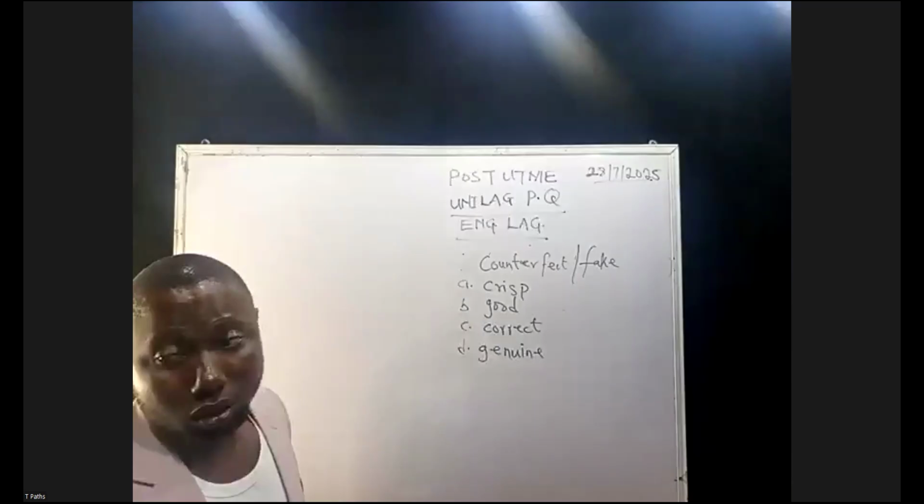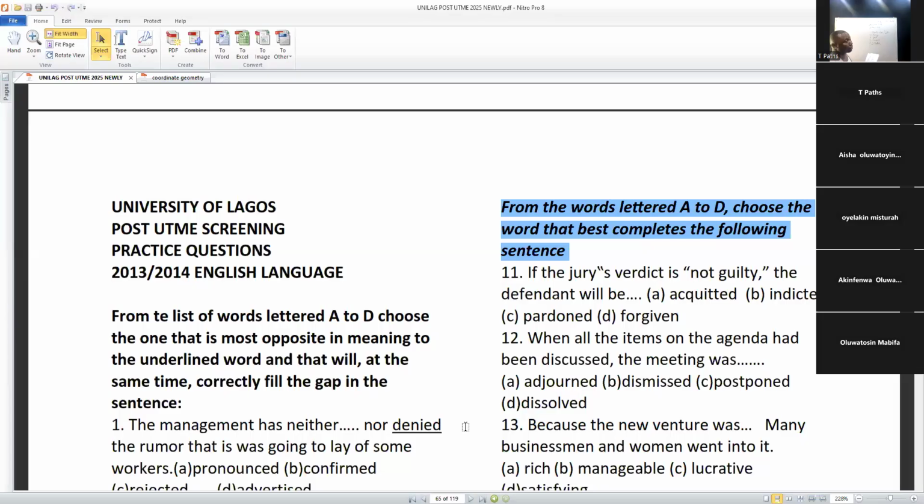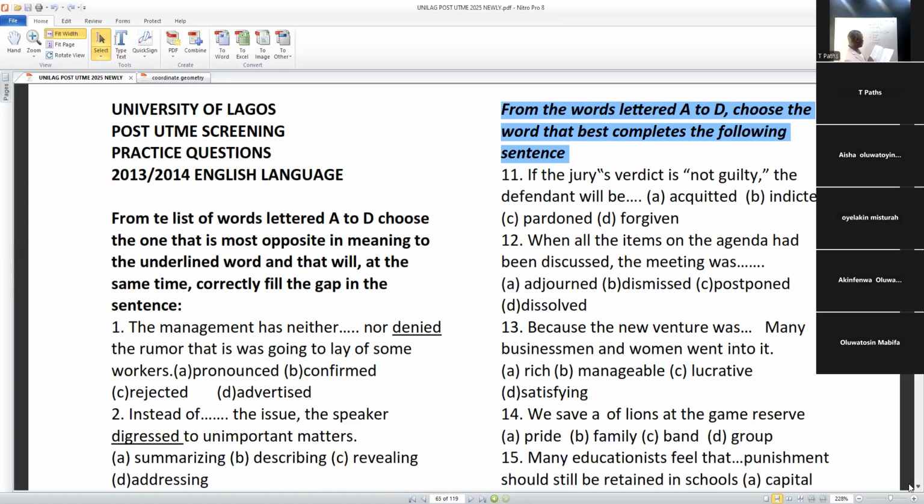So let's move to another part of the question. From the words lettered A to D, choose the word that best completes the following sentences. This section of questions runs from 11 to almost 30.